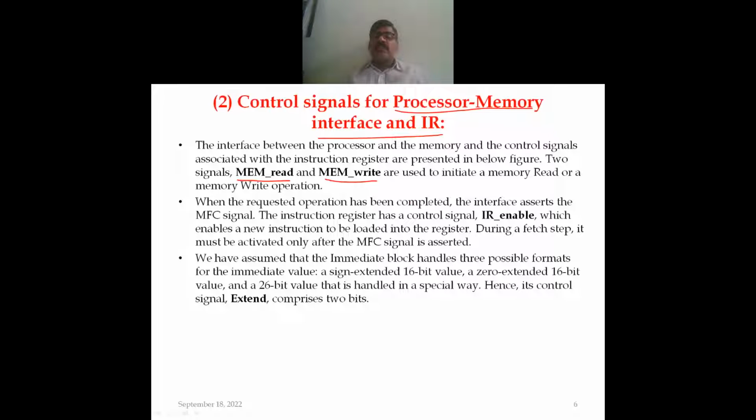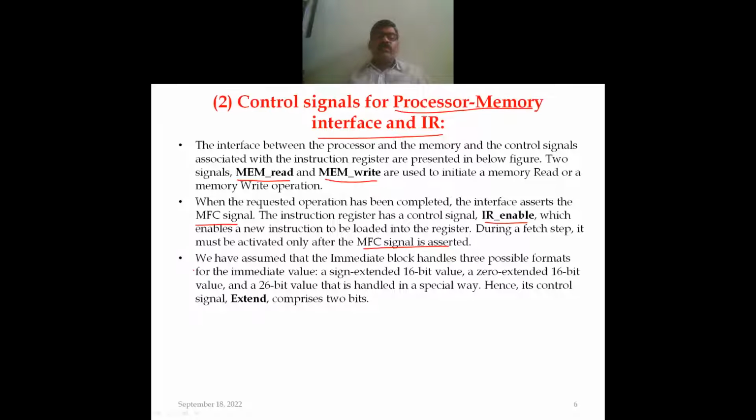When the requested operation has been completed, the interface asserts the MFC signal. The instruction register has a control signal, call it IR_enable, which enables a new instruction to be loaded into the register. During a fetch step, it must be activated only after the MFC signal is asserted.